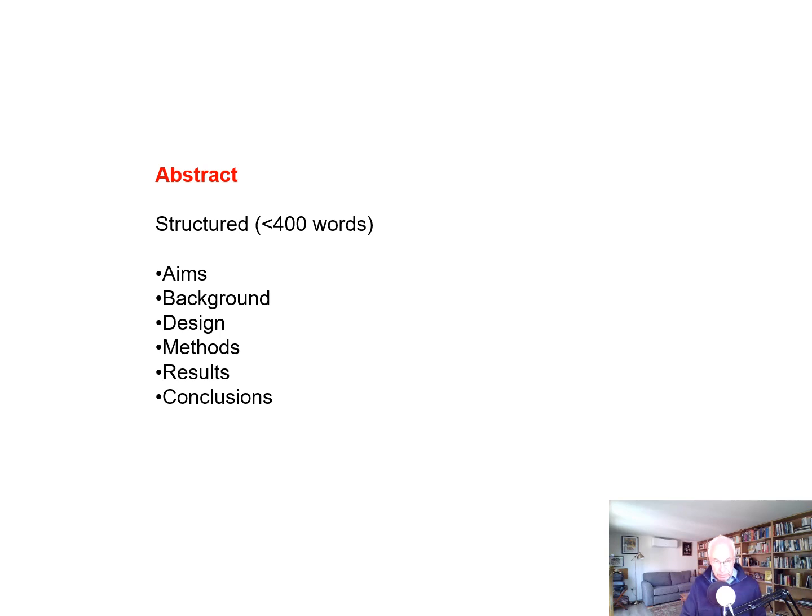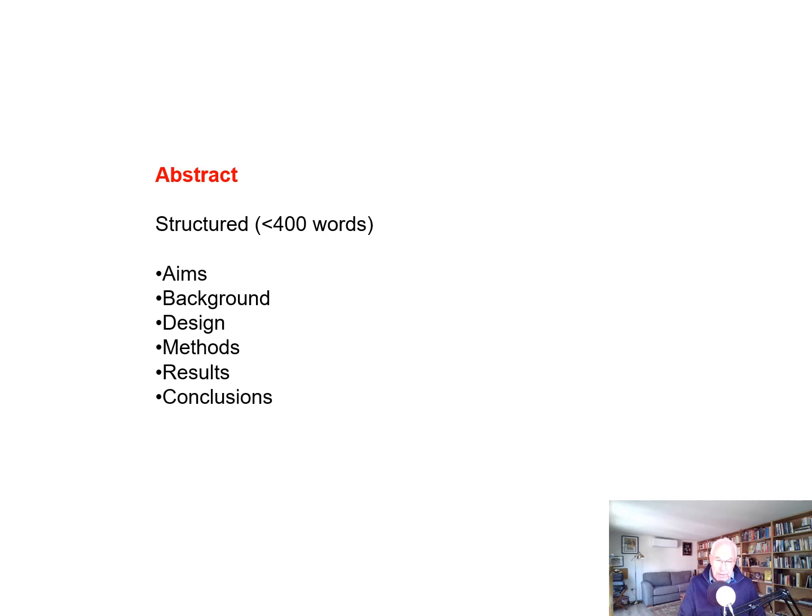But the most important thing is that you begin with the aims. Tell the reader, and of course the editor-in-chief and the reviewers who will be looking at your article, what this article sets out to do, and then at the end have some conclusions, because the conclusions should be something that the reader scans down to see what your study means.